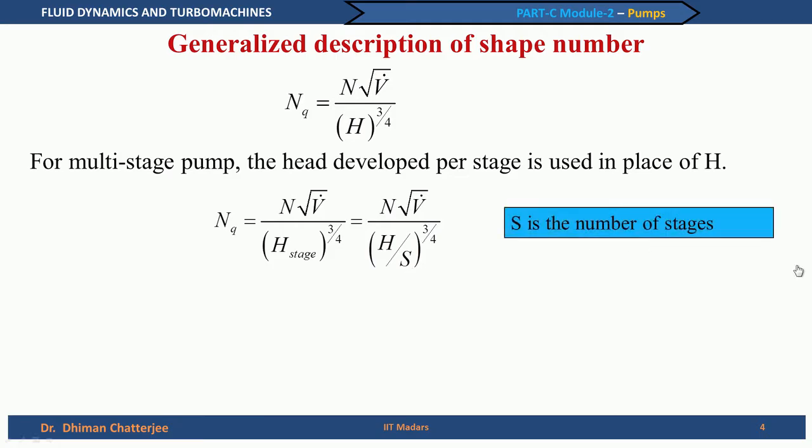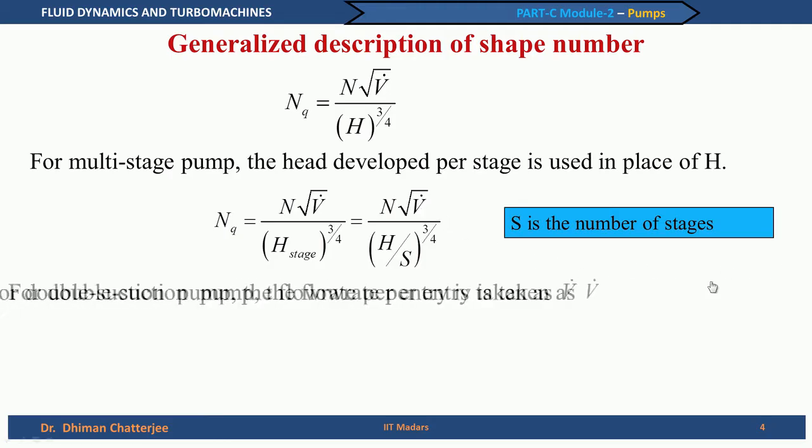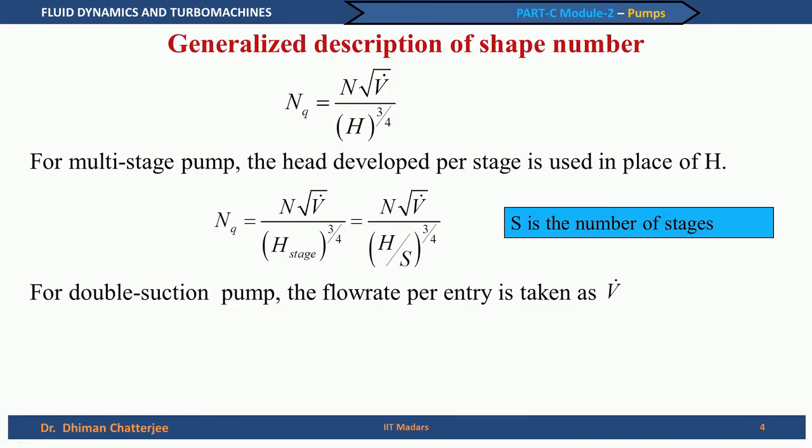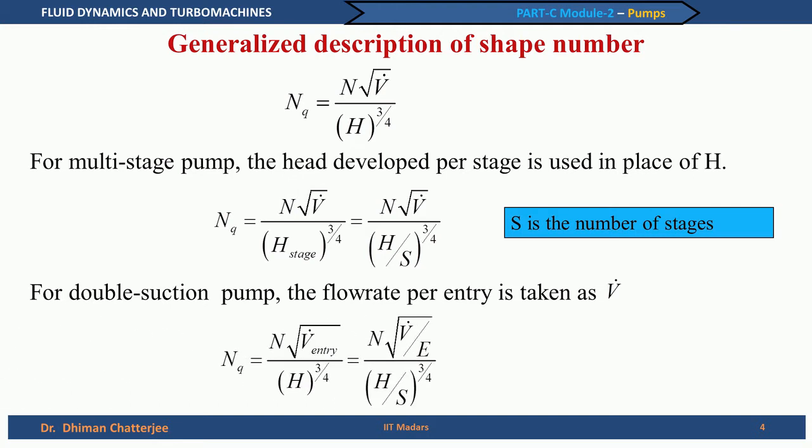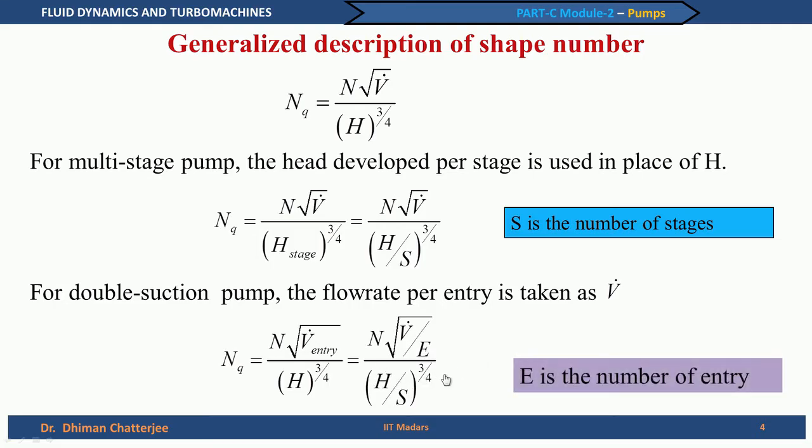If we have a double suction pump, of course, that has to be considered in the volume flow rate, and hence we can say that we have to talk about the volume flow rate per entry. So, what we can do is we can now define the most generalized form of the specific speed or the shape number. I am talking about specific speed particularly as NQ is equal to n times square root of V dot by E, where E is the number of entry, whole divided by H by S to the power 3/4.